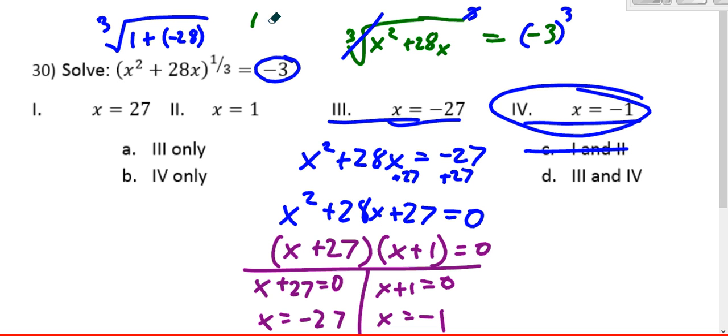And then when you plug in the negative 27, I would use a calculator for this one. 27 squared is 729.